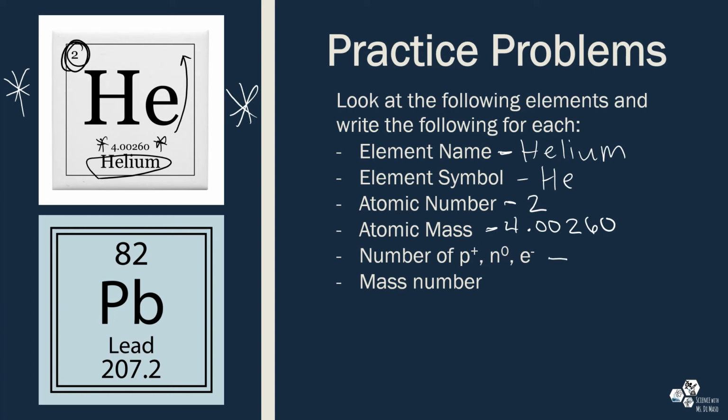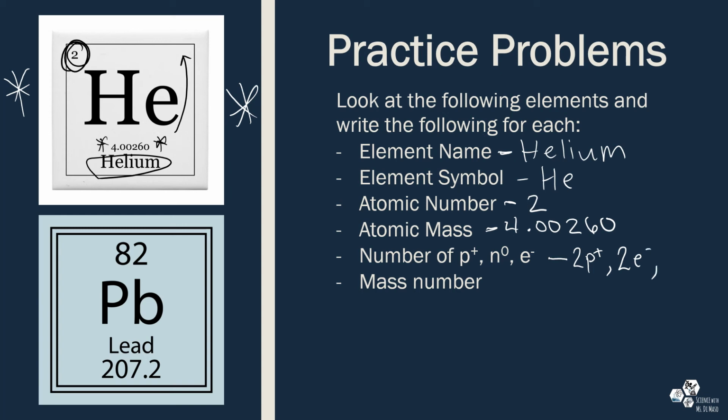Well, if we remember, the number of protons is equal to the atomic number. So in this case, we're going to have 2 protons. Now we know that the number of protons always equals the number of electrons, so that our atom is neutral. So in this case, that means I also have 2 electrons.